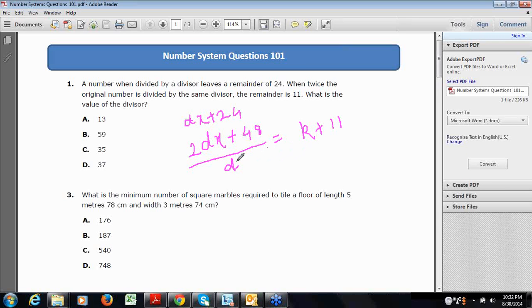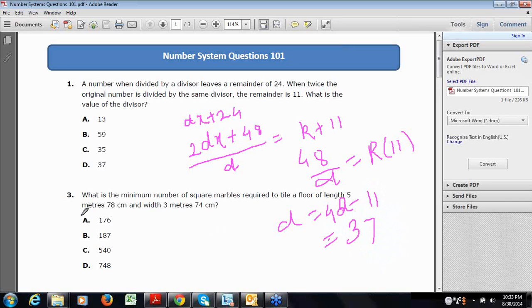That means 48 by d, the remainder is 11. That means the divisor is what? 48 minus 11. So it is 37.